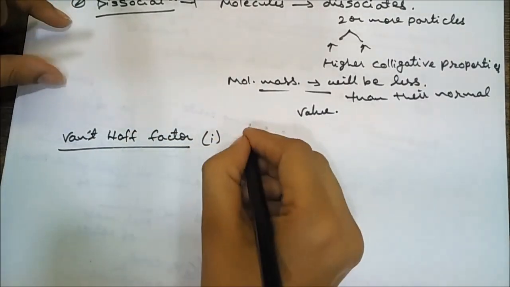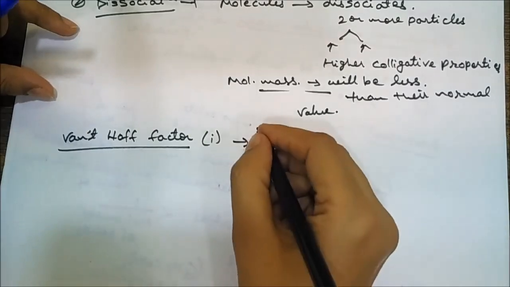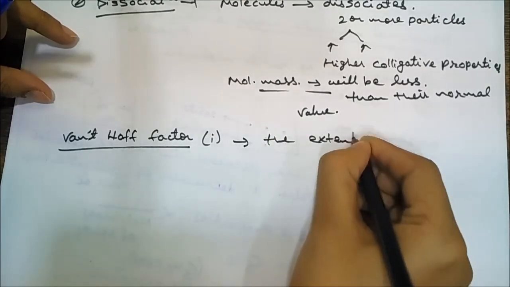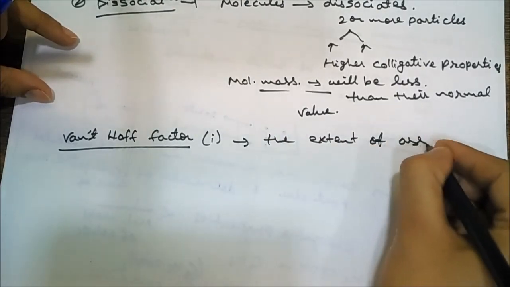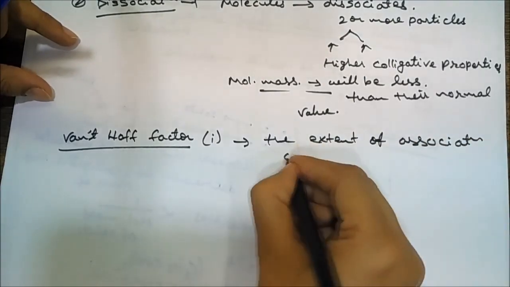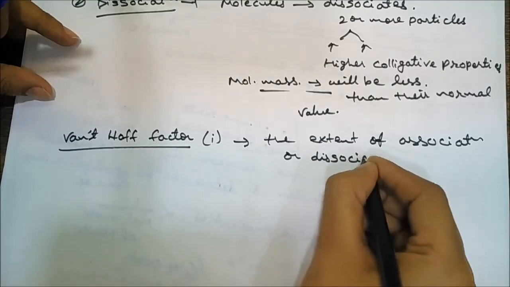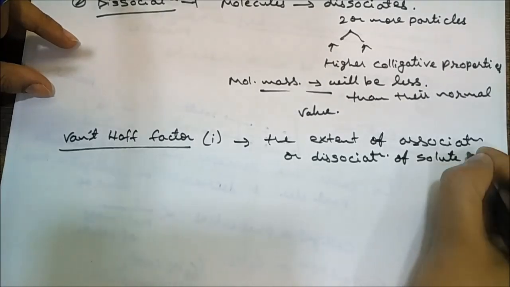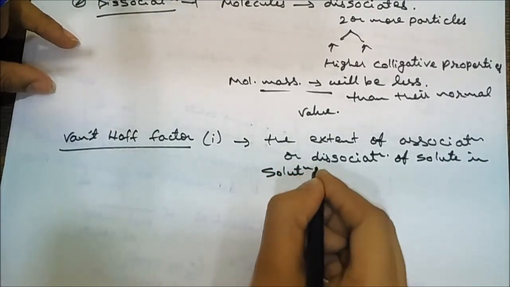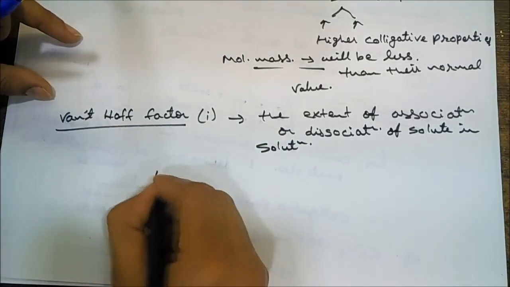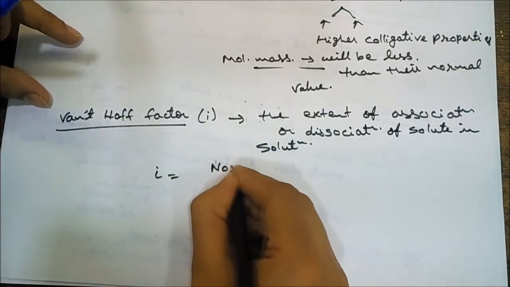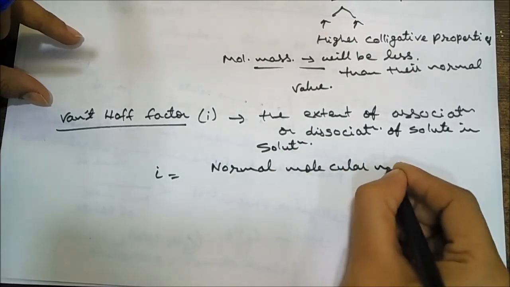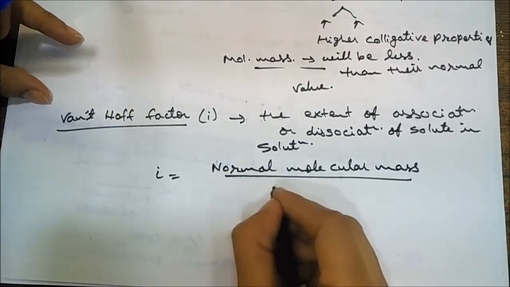It is denoted by i. i is introduced to express the extent of association or dissociation of solute in solution. Van't Hoff factor i is the ratio of normal molecular mass upon observed molecular mass.